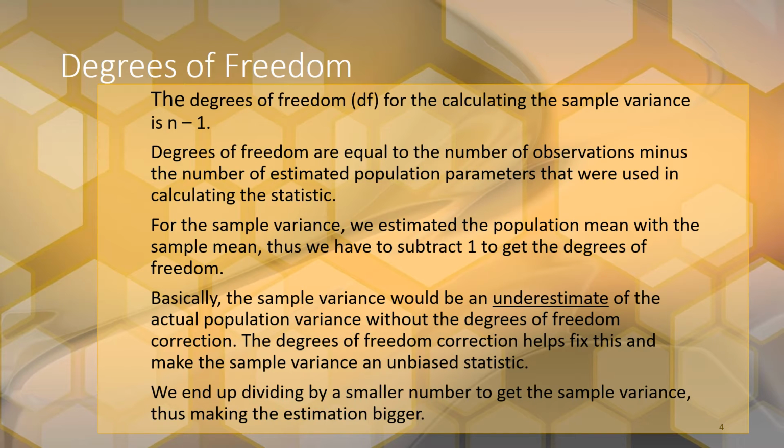And to correct this, we have to have a degrees of freedom correction. And so we divide by n-1 instead of n. So we end up dividing by a smaller number. And if we divide by a small number at the bottom, then the whole sample variance gets bigger. And so we're correcting for this underestimate.